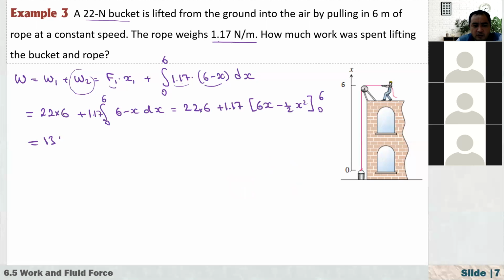That's equal to 132 plus 1.17 times 6 times 6, which is 36, minus 36 over 2. That's equal to 18, and the value at 0 is 0. So 132 plus 1.17 times 18 is equal to 153.06 joules of work done to lift the bucket and the rope.